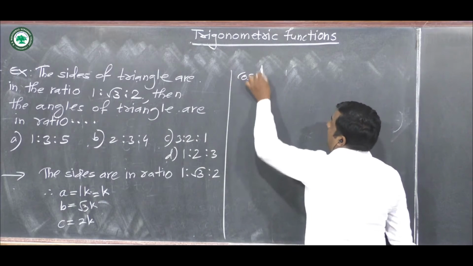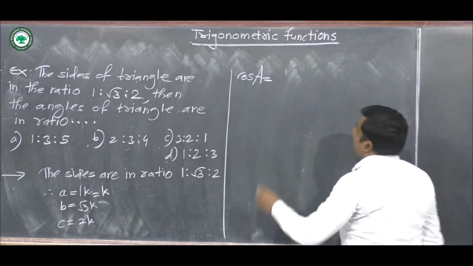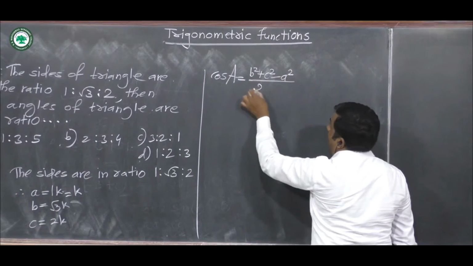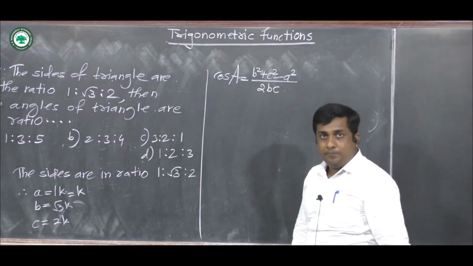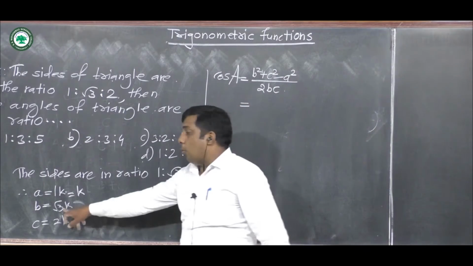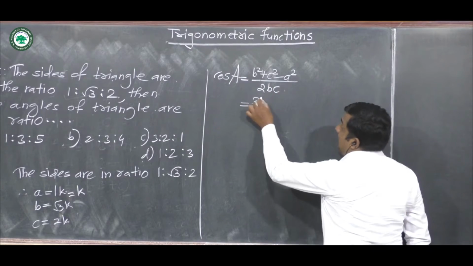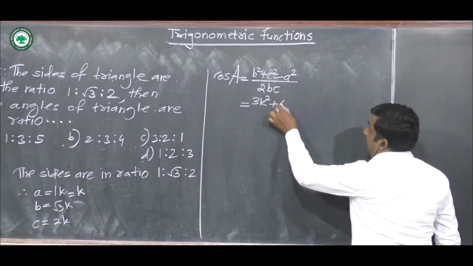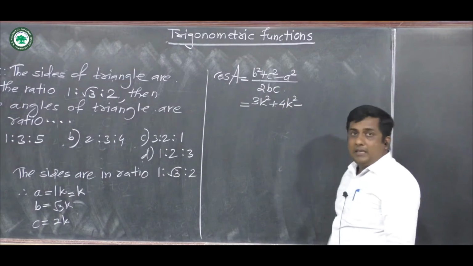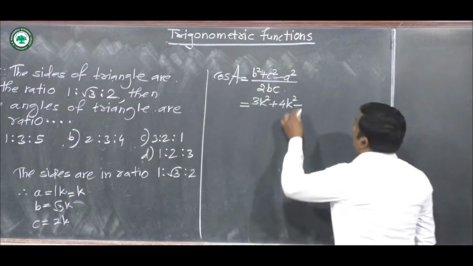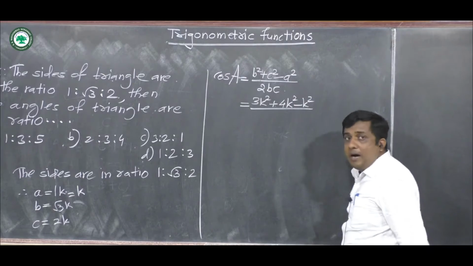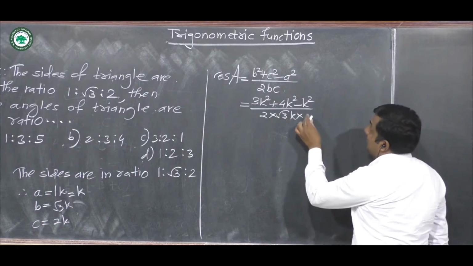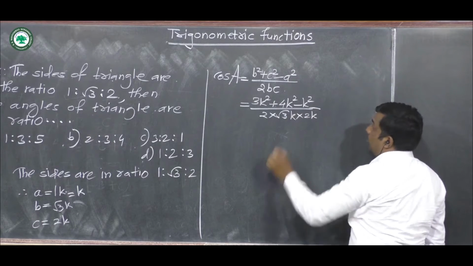Okay, let's find cos A first. Here cos A is B square plus C square minus A square upon 2BC. This is equal to, we know B is root 3k, then its square is 3k square, plus we know C is 2k, then its square is 4k square, minus here A is k only, so A square is k square, divided by 2 into B is root 3k and C is 2k.